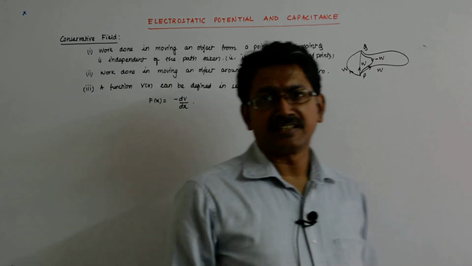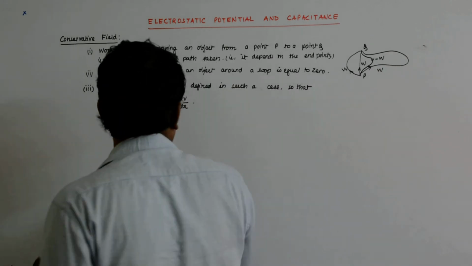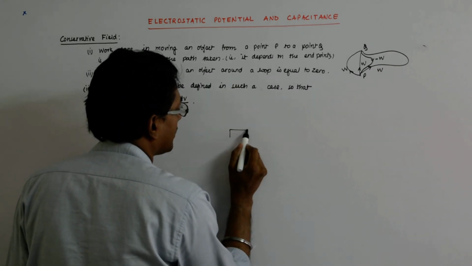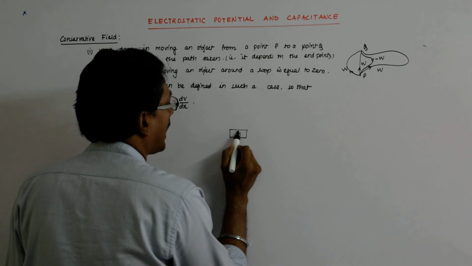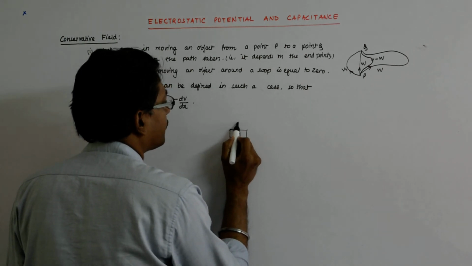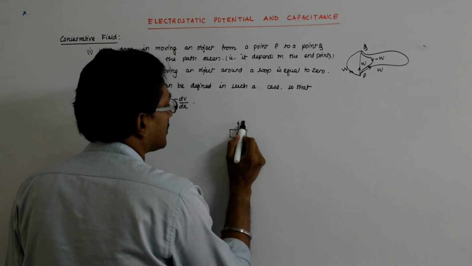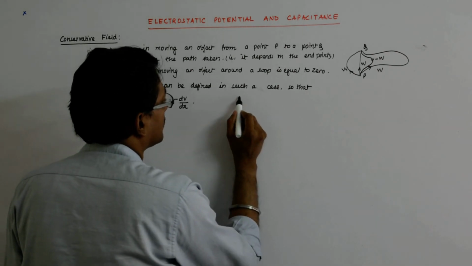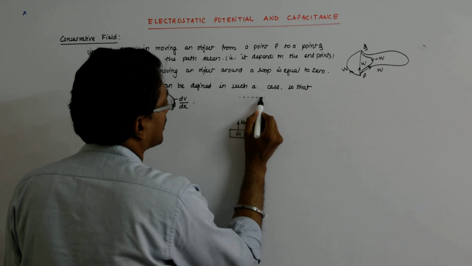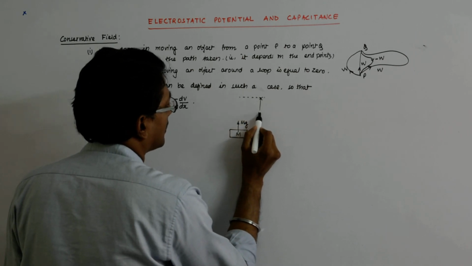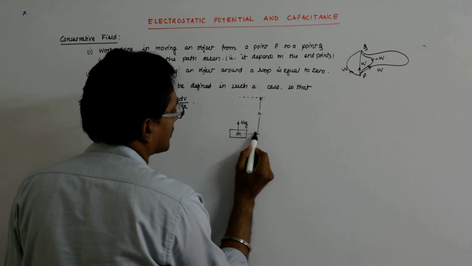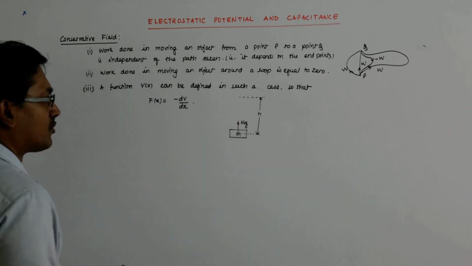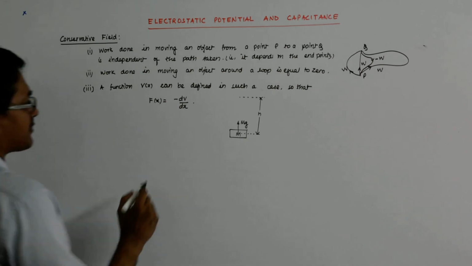So what happens in case of, say, a gravitational potential field? I have a block, mass is m. I apply a force in the upward direction, mg, move it up by a distance h. What is the work that I do? mgh.